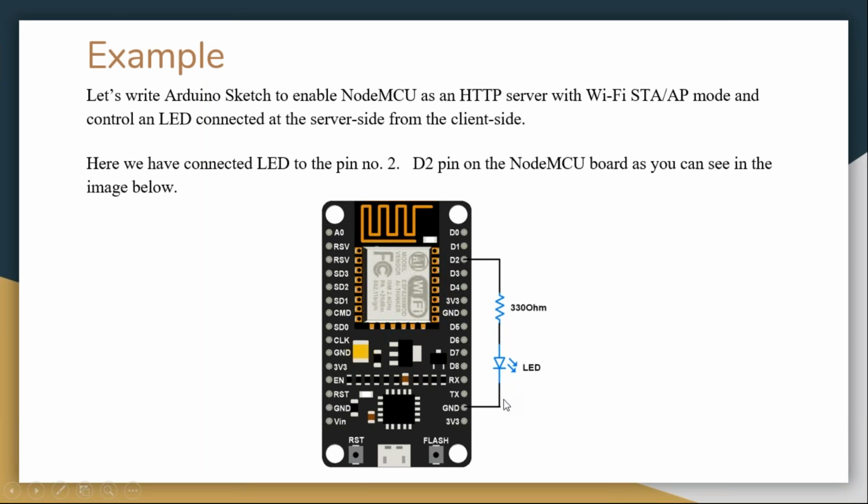If we directly connect our LED to D2 and ground, we risk burning our LED, so to minimize that effect, we will use a resistor for that purpose.